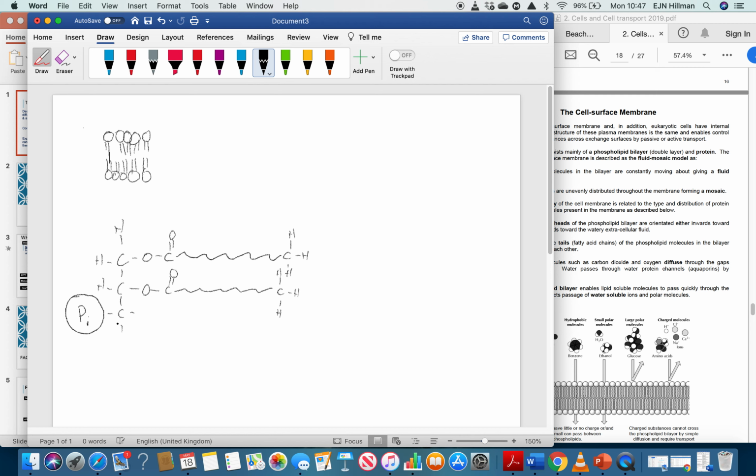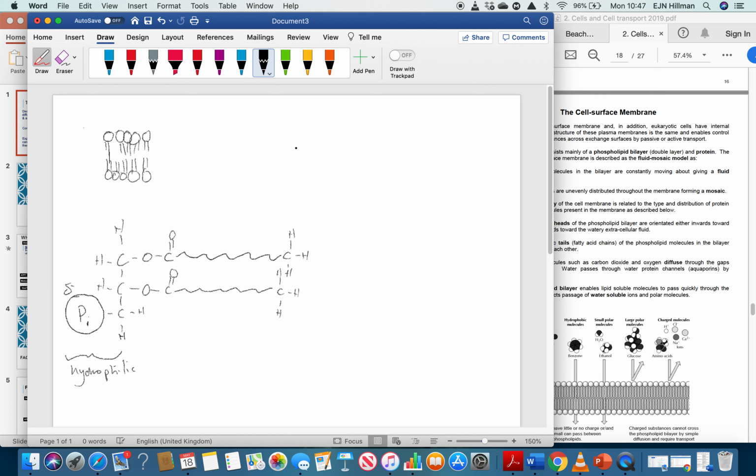Okay, that's an inorganic phosphate, and the inorganic phosphate has a charge. Okay, it's slightly negative. So this makes the phospholipid polar. So this region of the phospholipid is hydrophilic.